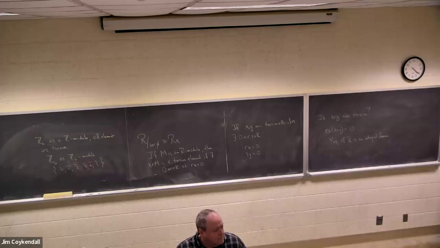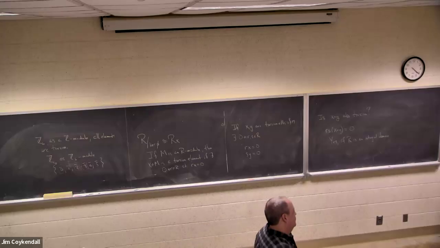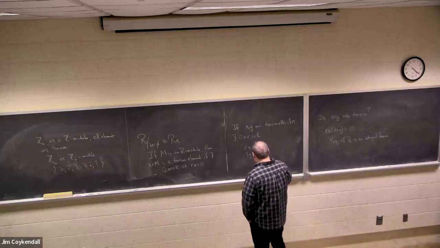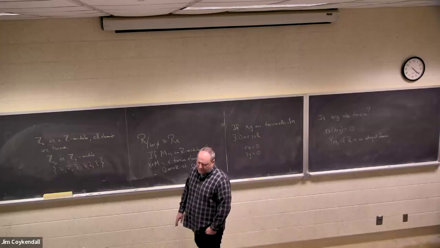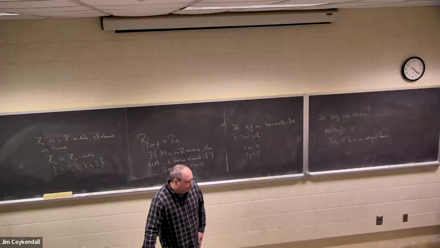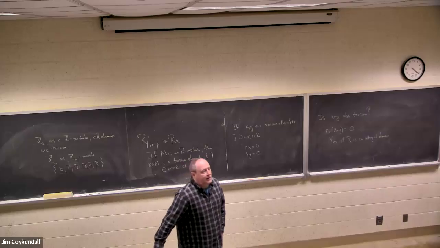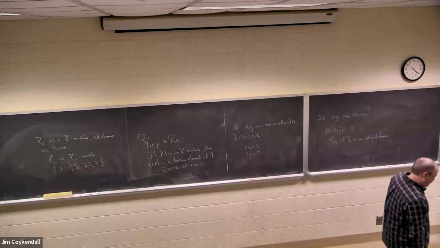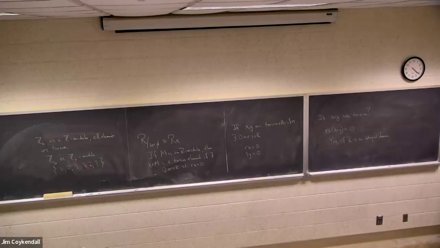What is the smallest ring, smallest in terms of cardinality, such that Z is a module over that ring? Well, if the module is unitary, can't do it.